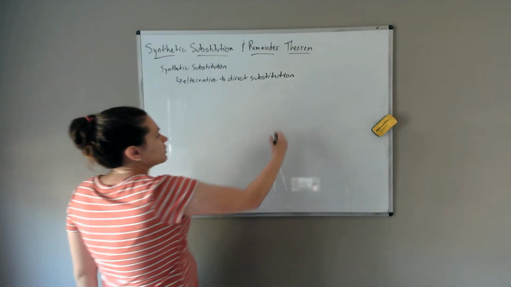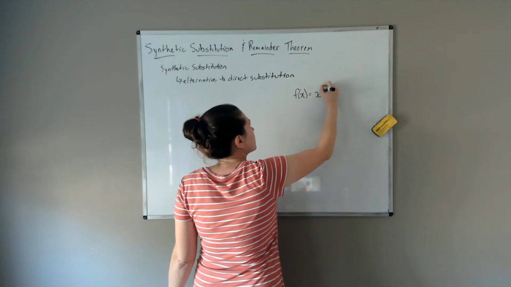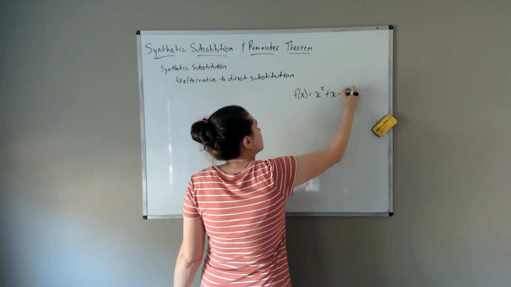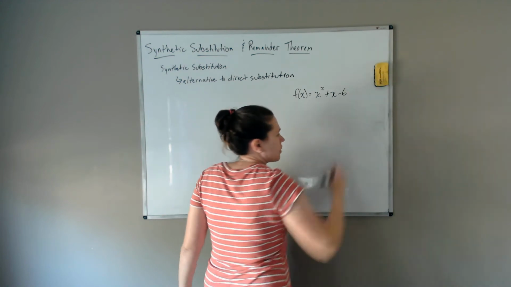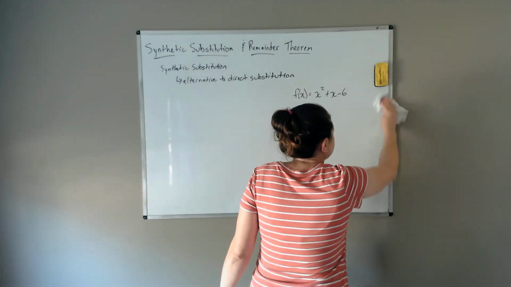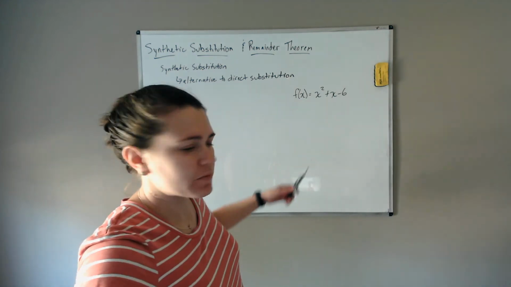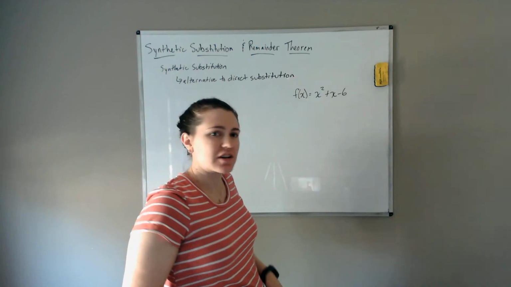So before we do, I want to draw something for us. I'm going to draw a function, x squared plus x minus 6, and we're going to take a look at different parts about this function. If I were to write it in factored form, here's my quadratic x squared plus x minus 6.